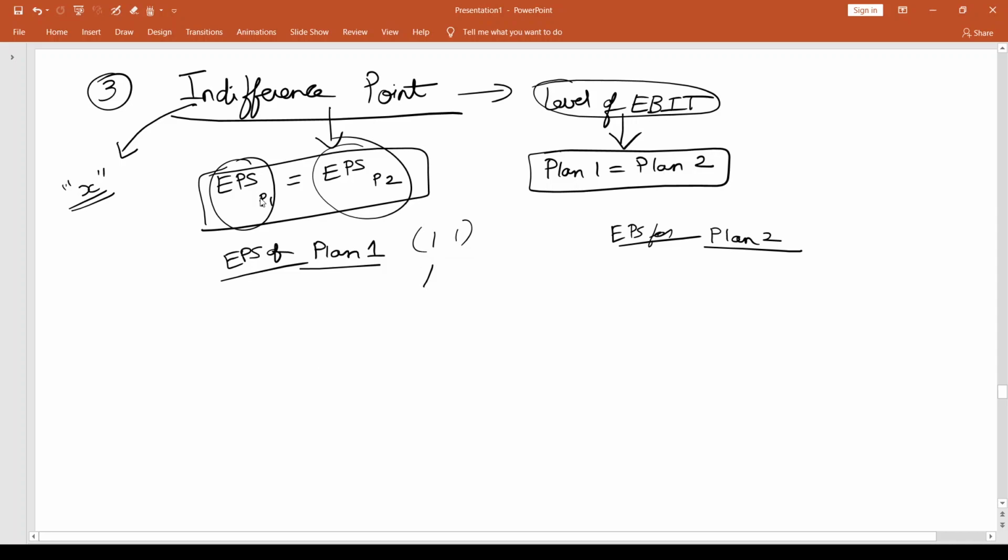So X minus 0, which is the interest, the entire thing into 0.7, divided by number of shares, no preference dividend, so nothing else to be done. Divided by 4 lakhs. So this is EPS of plan 1.